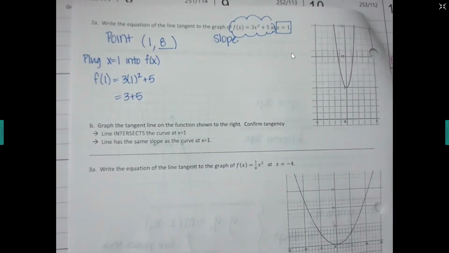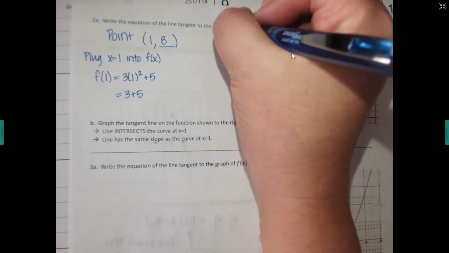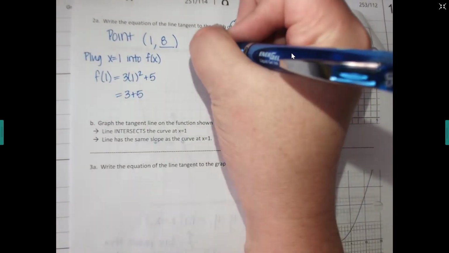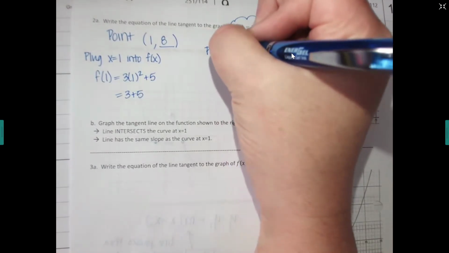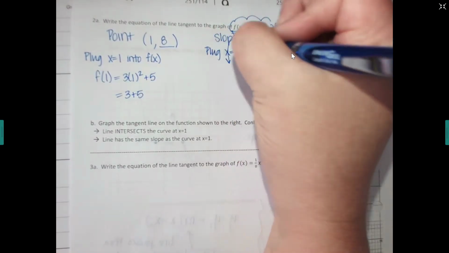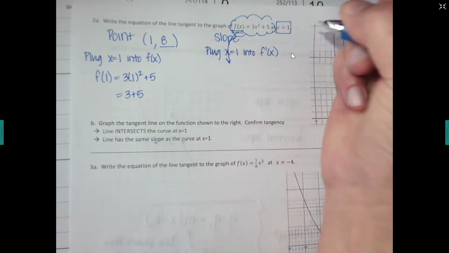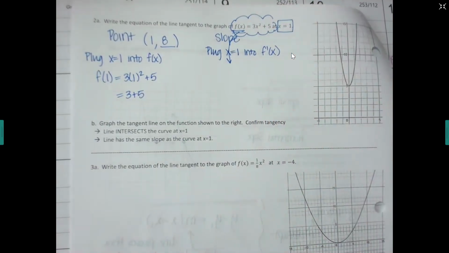Second thing that we need to find is our slope, and we just learned how to take derivatives last class. So you're going to take your f, and you're going to find the derivative, and then you're going to plug your x equals 1 into the derivative. Okay, because remember, derivatives tell you slope using just a single x value.